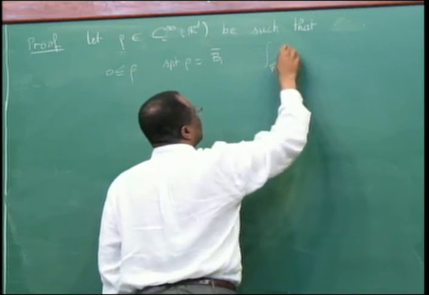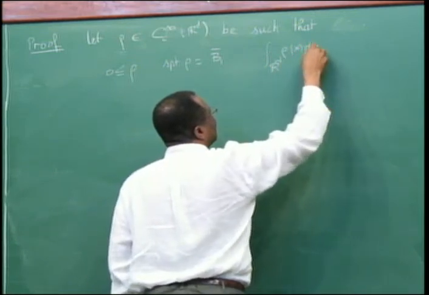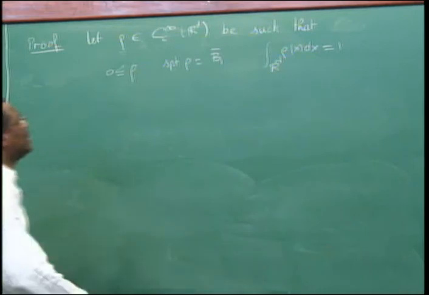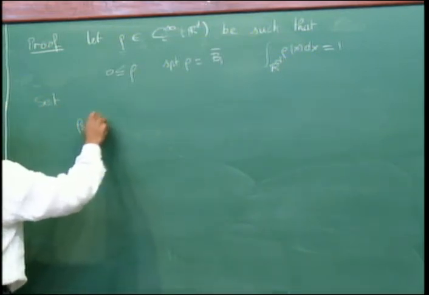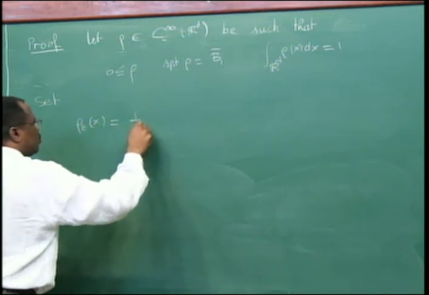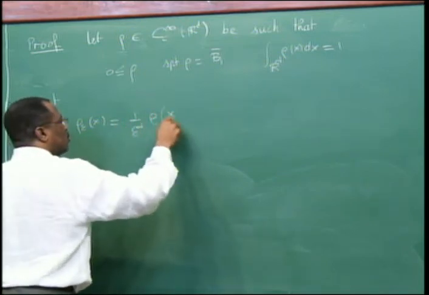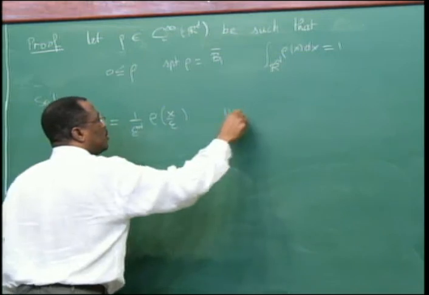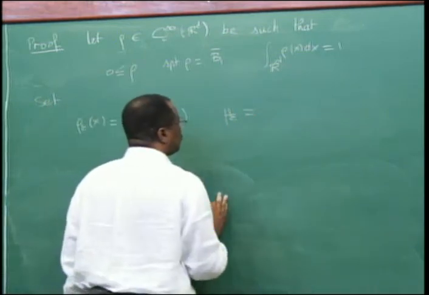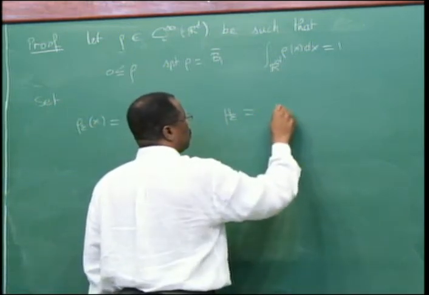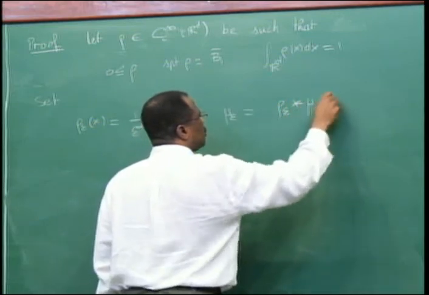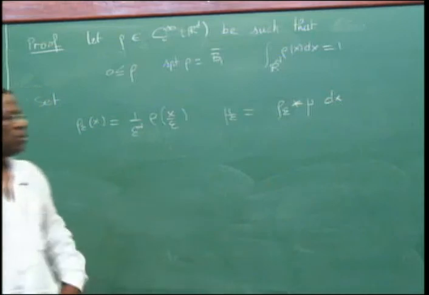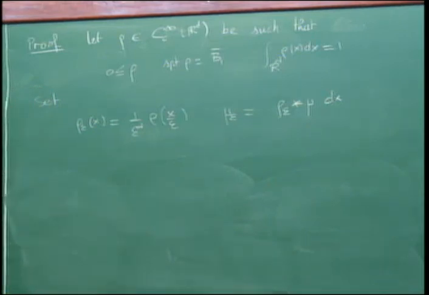The integral of rho of x dx is 1. And set rho epsilon of x to be 1 divided by epsilon to the power d, rho of x over epsilon. Set mu epsilon to be rho epsilon convolution mu dx. So clearly, rho epsilon convolution mu is a function of class C infinity.